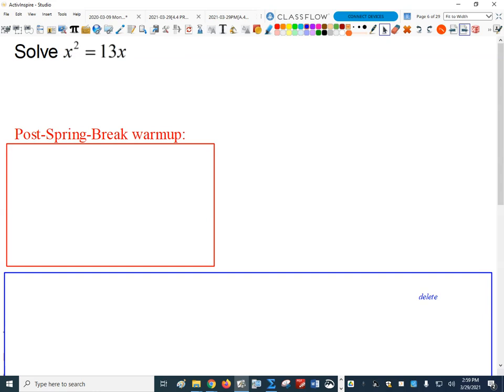How about, what if we set it equal to 0? What if we subtracted the 13x from both sides? Okay, that sounds like a pretty good option, okay?